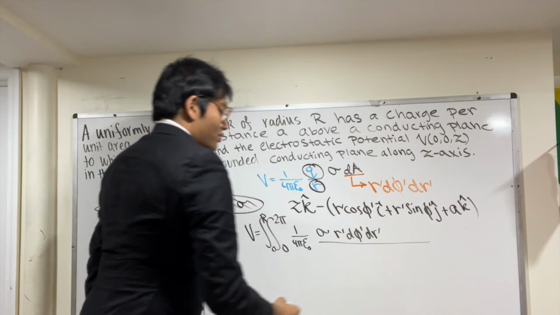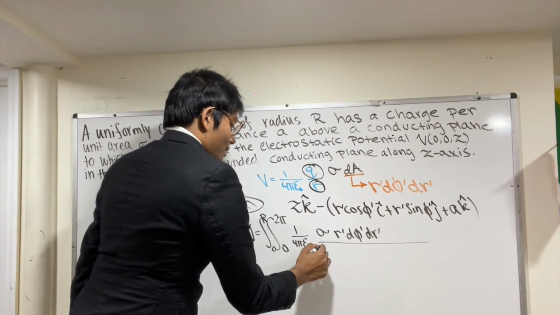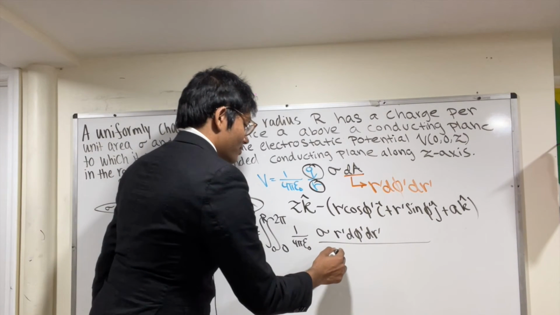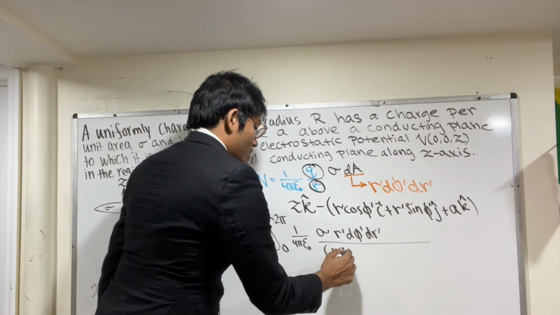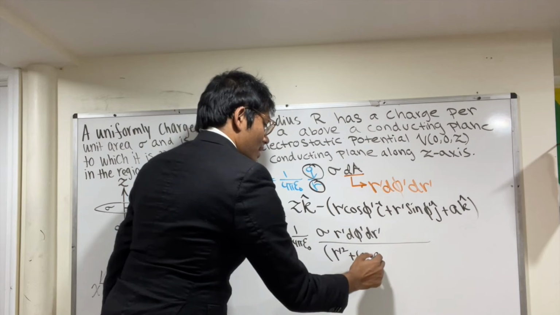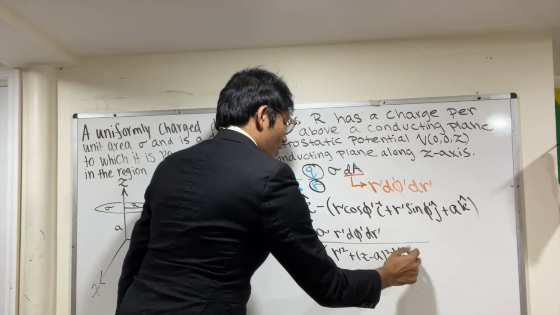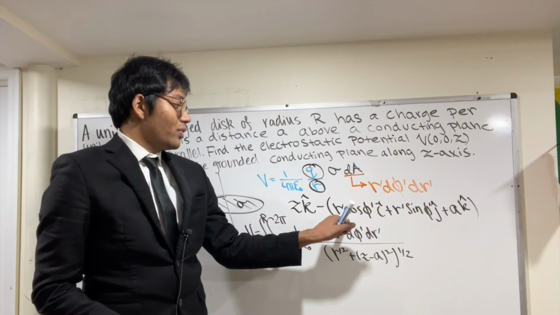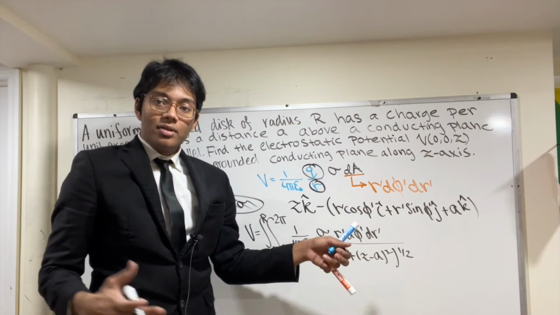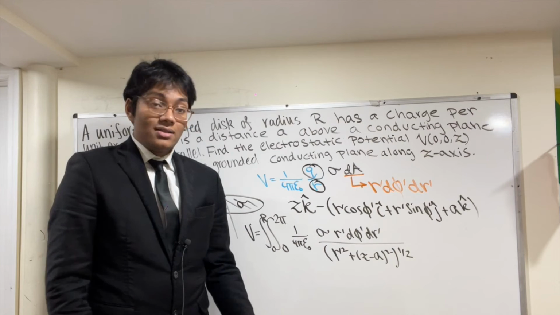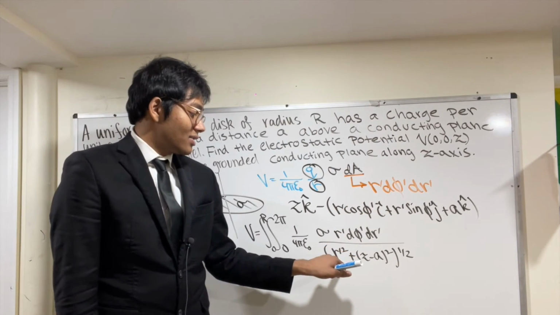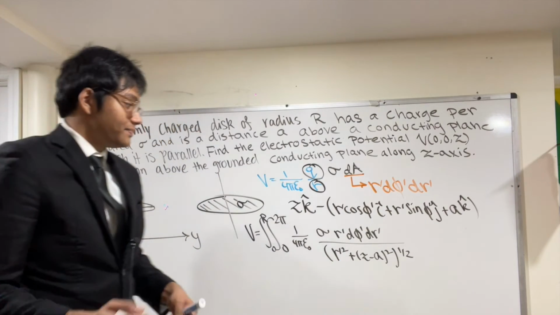And r is going to be the magnitude of this vector, which is r prime squared plus z minus a squared, all to the 1/2 power. Now, this r prime squared came from squaring these two i hat and j hat components and adding them together. As you very well should know by now, cosine squared plus sine squared is 1, so we're left with just r prime squared.